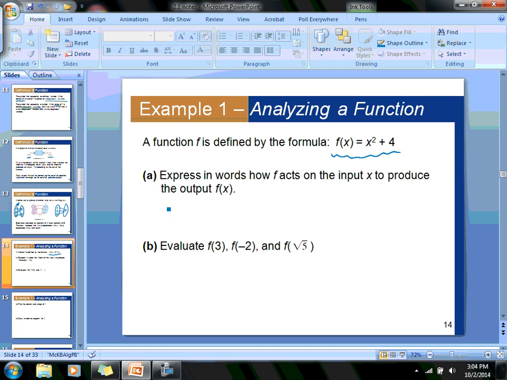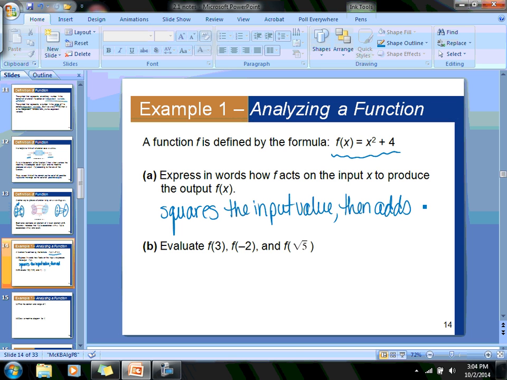So we could say that it squares the input value, and then it adds 4. If they gave you a value for x, you would square it and then add 4 every single time.